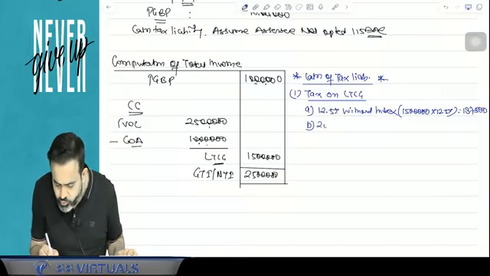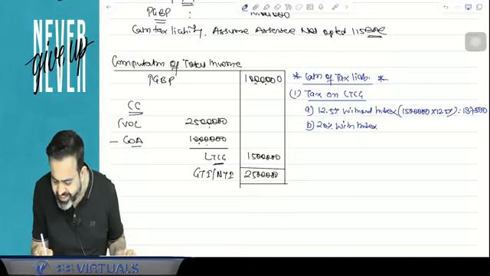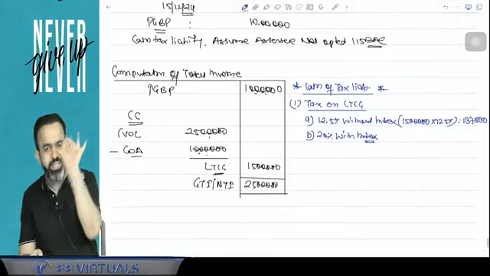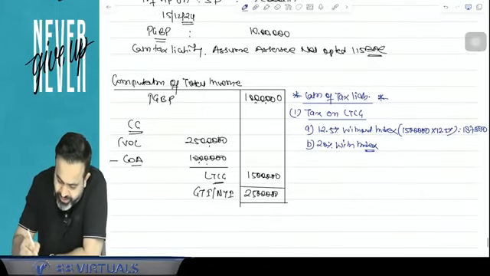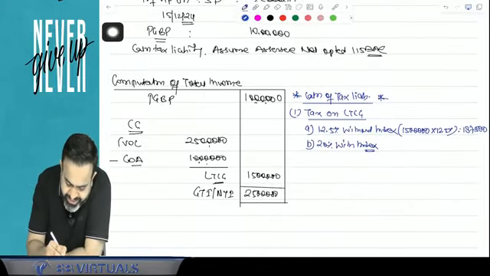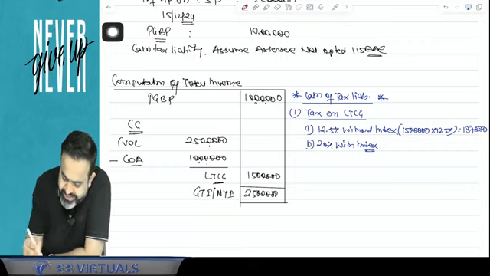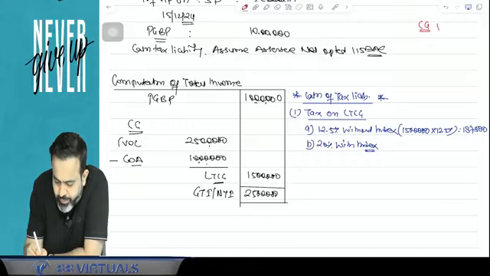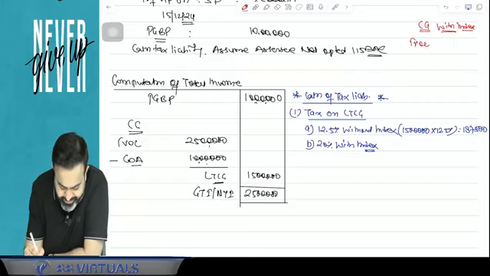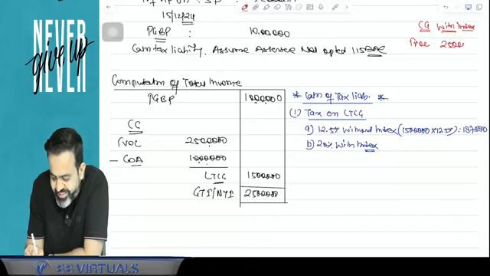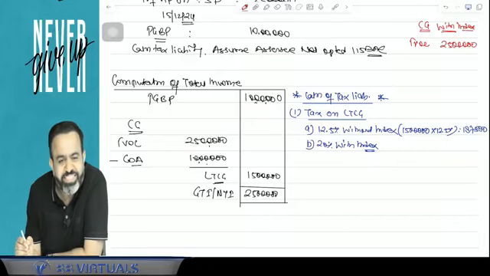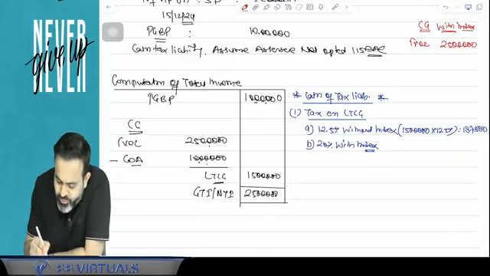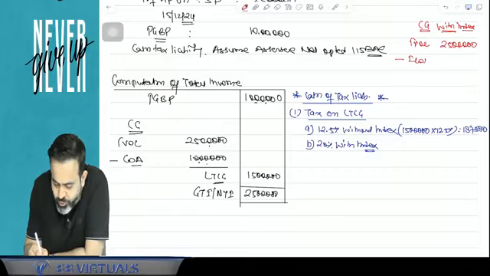And second is 20% with indexation. When you calculate capital gain with indexation, the full value of consideration is 25 lakh. Now just do the indexation. Here you will calculate the indexed cost of acquisition.